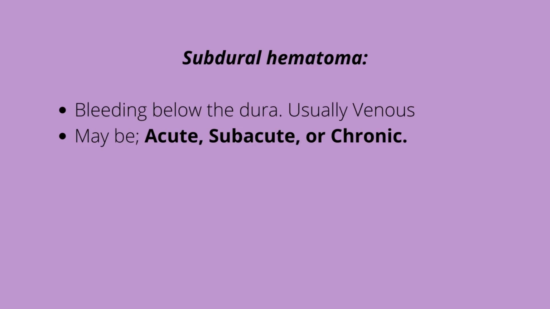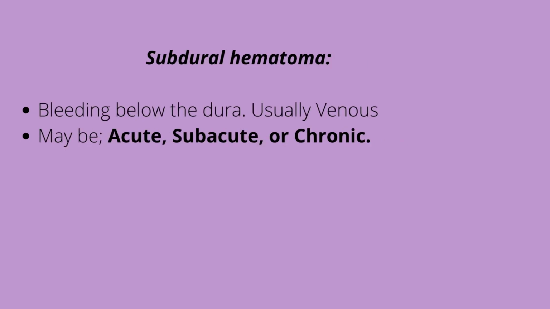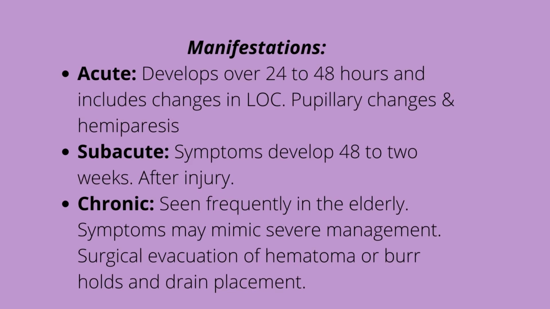So with subdural hematomas, it could be categorized as either acute, subacute, or chronic. So signs and symptoms of this category. With acute, this develops within 24 hours and includes a change in level of consciousness and pupil changes as well as hemiparalysis.